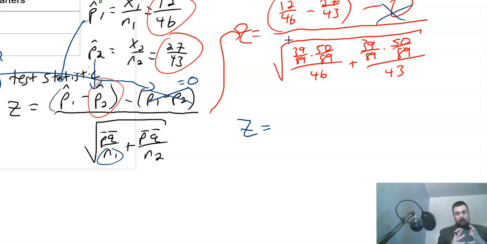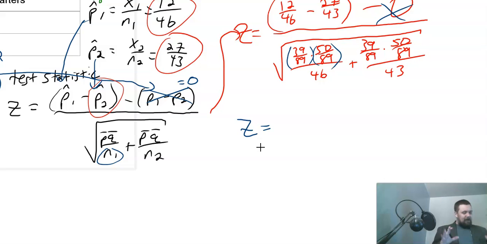Close the parentheses. That ends the numerator. Divided by the square root, which keeps the denominator intact as one item, so we don't need parentheses in the denominator this time. But we probably do need to use parentheses here. I think that would probably be for the best.